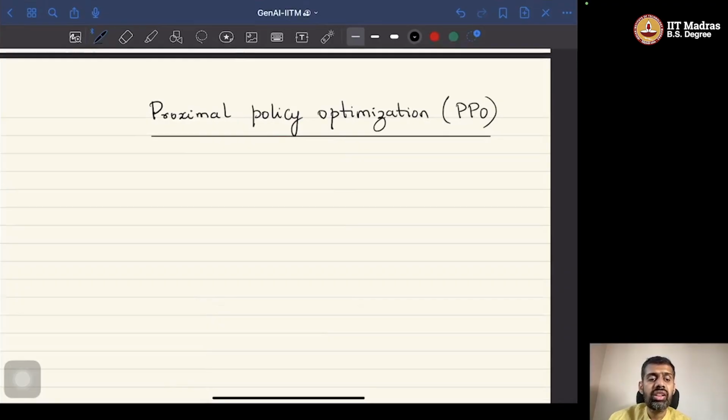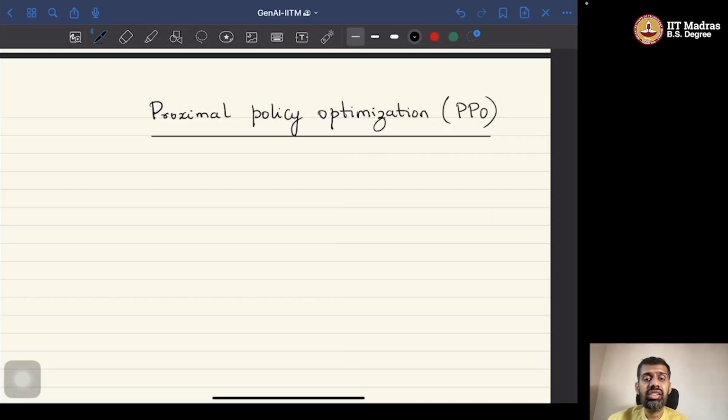Hello everyone. In this module, we are going to look at two improvised versions of policy gradient algorithms for aligning the language model to human preferences. The first of them is called the Proximal Policy Optimization algorithm, or PPO, and the other one that we will be looking at is what is known as DPO, or Direct Preference Optimization.